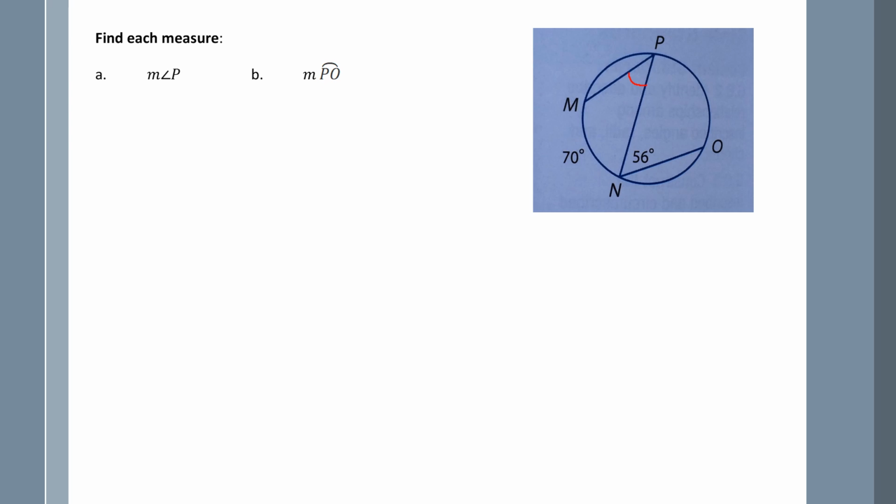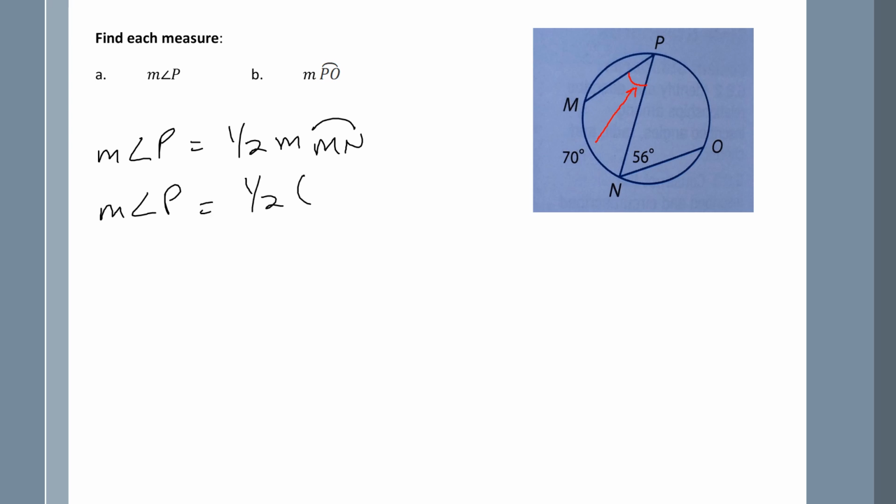So there's this measurement here that goes to angle P. So the measure of angle P is equal to 1/2 the measure of arc MN. So the measure of angle P will be equal to 1/2 of 70, which means that's equal to 35.